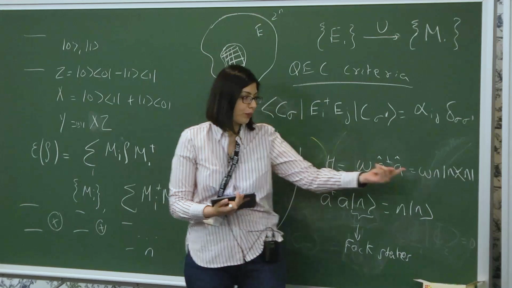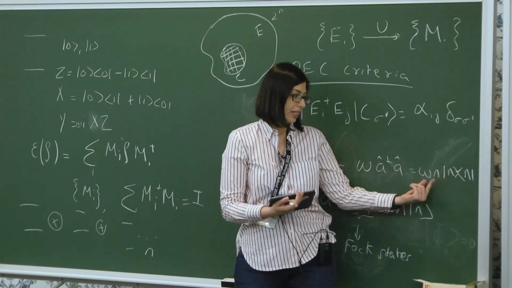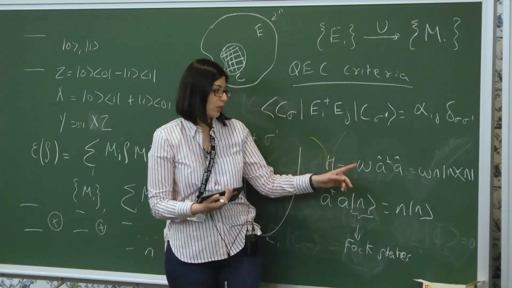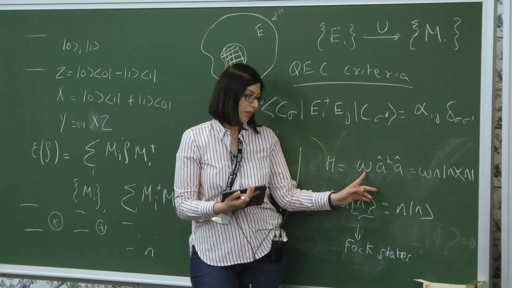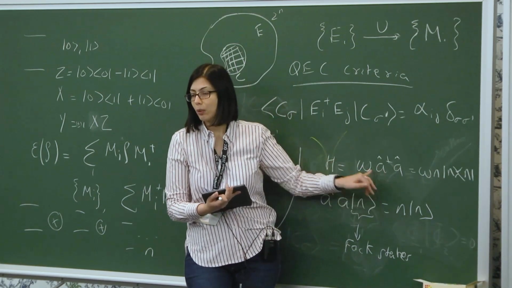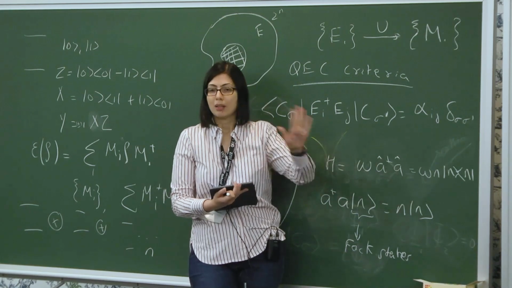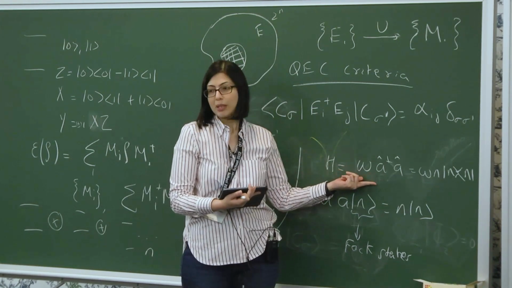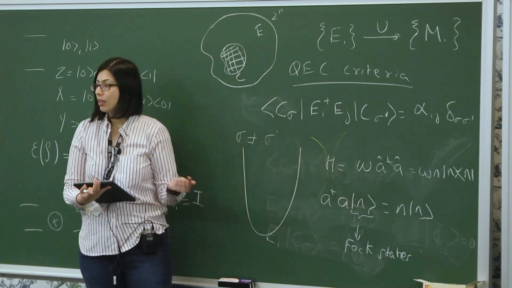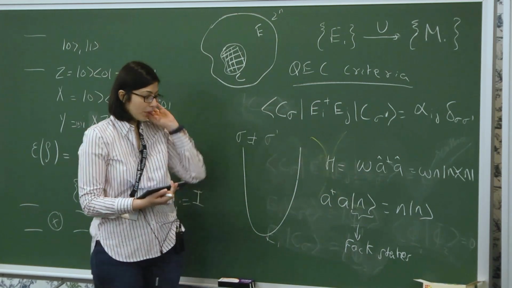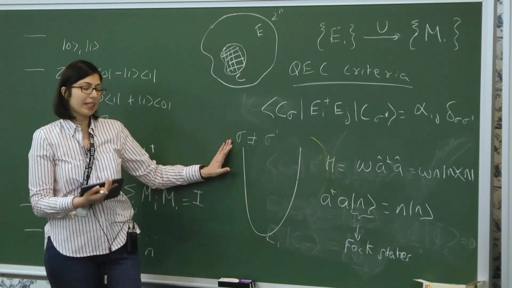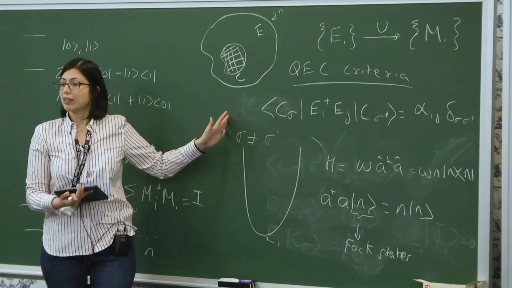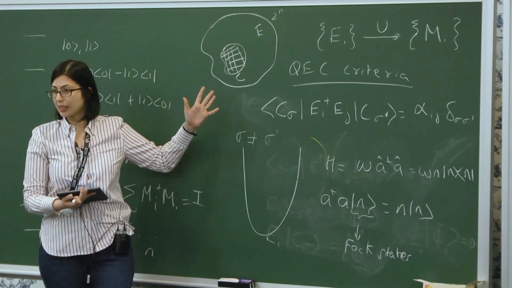The energy of the Fock state |n> is omega n. Again, in the notes I may have written omega times a dagger a plus a half, but I'm not going to keep account of the halves there. That's gone. Just omega a dagger a. Now you already see that the Hilbert space of the harmonic oscillator is very large, technically infinitely large.